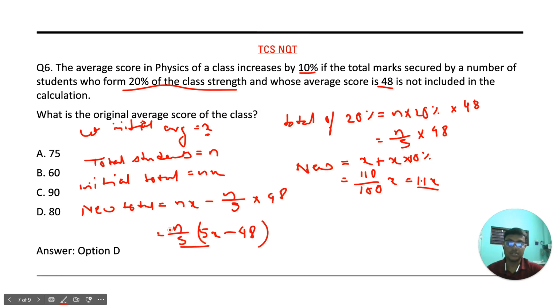Thus, this is the new average and this is the new total. So we can use this to get the new average, which would come to be n by 5 into 5x minus 48 divided by, as we have 20% deducted, so remaining is 80%, so n into 80%.